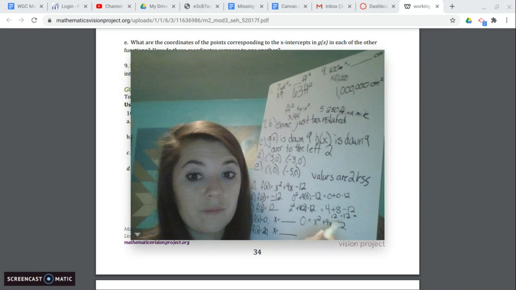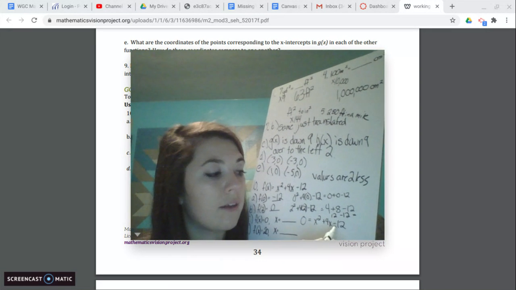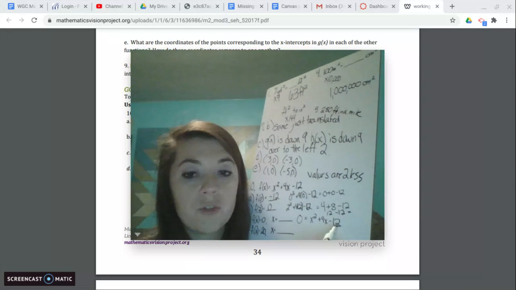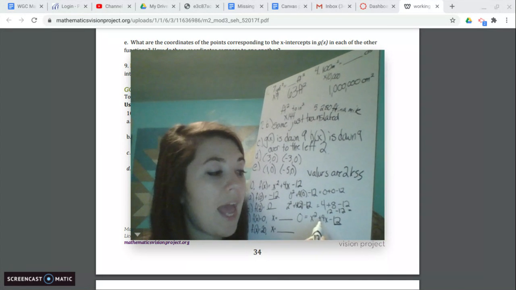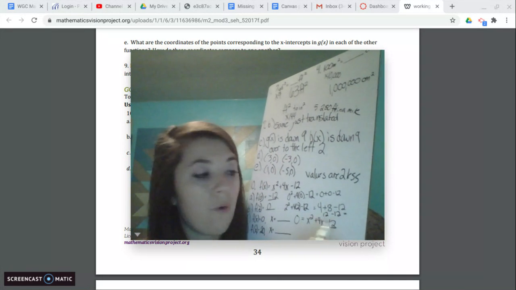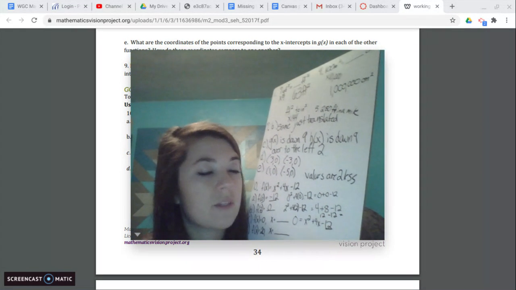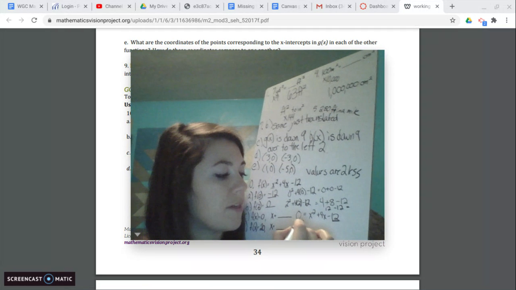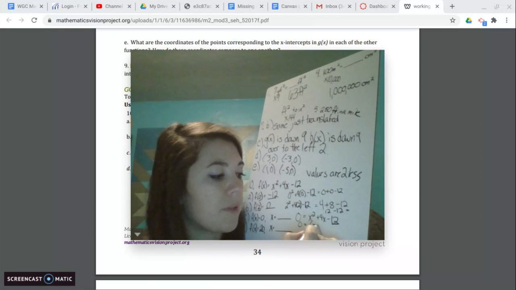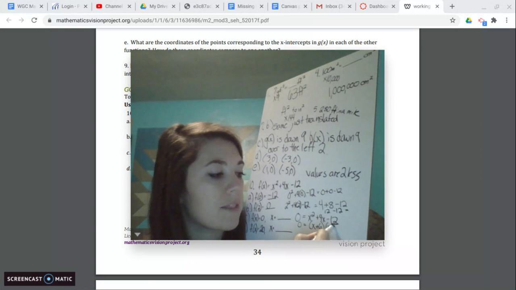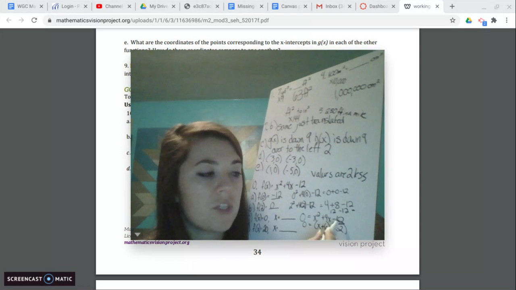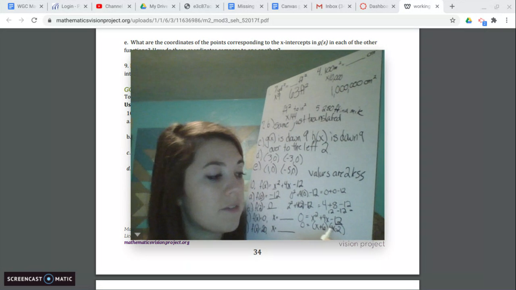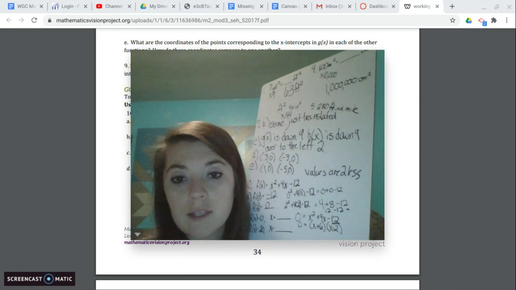So we find the two things that multiply to give us negative 12 and add to give us 4, which is going to be a positive 6 and a negative 2. So we have 0 equals x plus 6 and x minus 2, because 6 times negative 2 gives us negative 12, and positive 6 minus 2 will give us a positive 4.